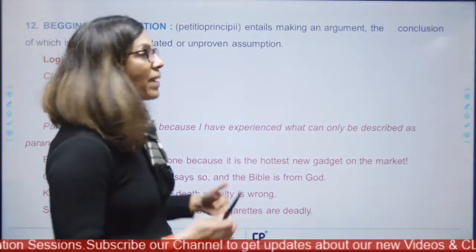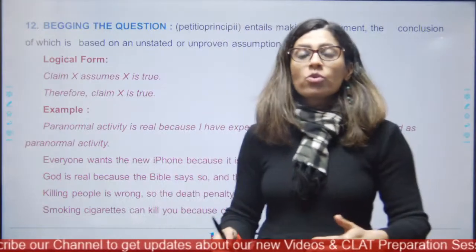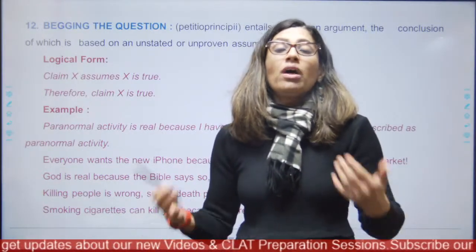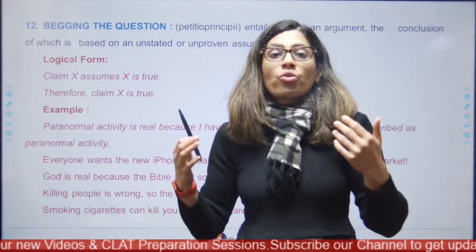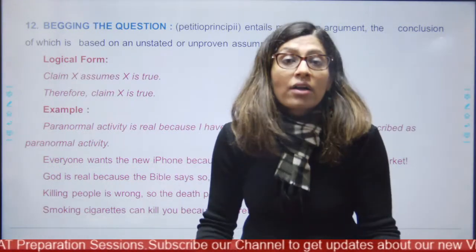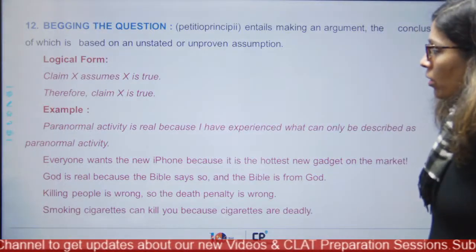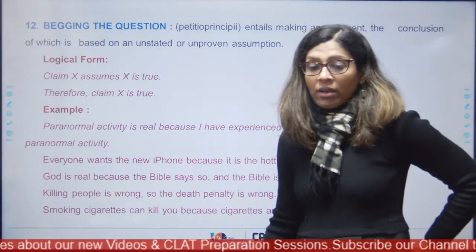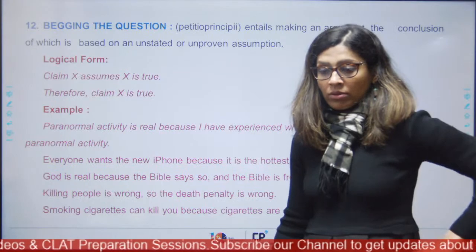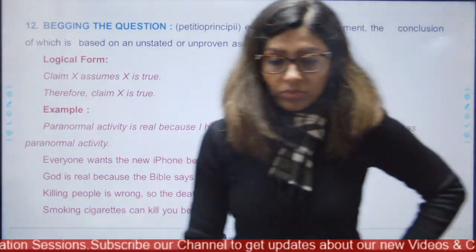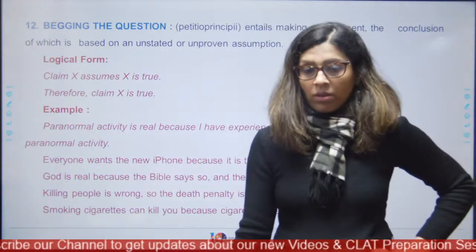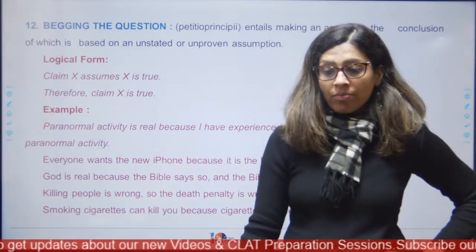So do you notice in begging the question, the premise uses the exact language of the conclusion. So one is not supporting the other technically. Any problem with any example here?